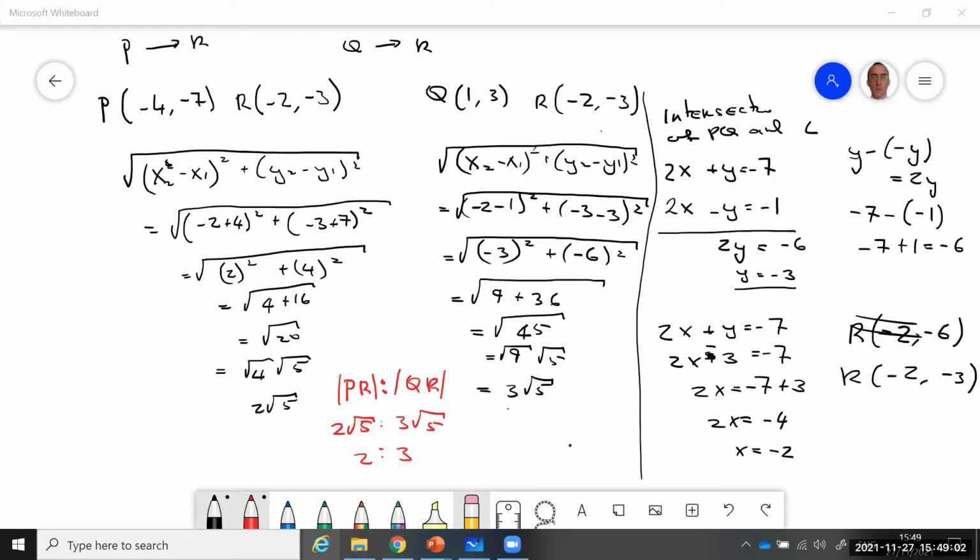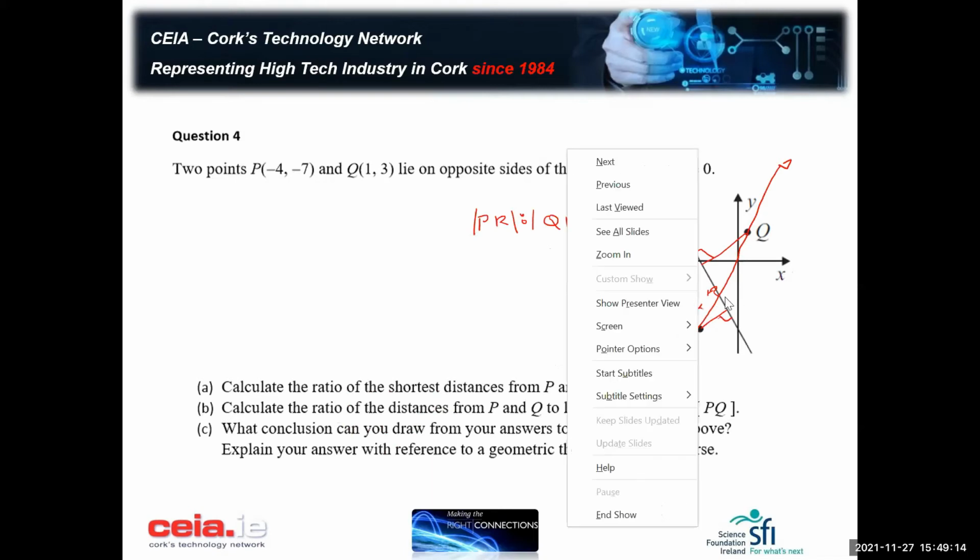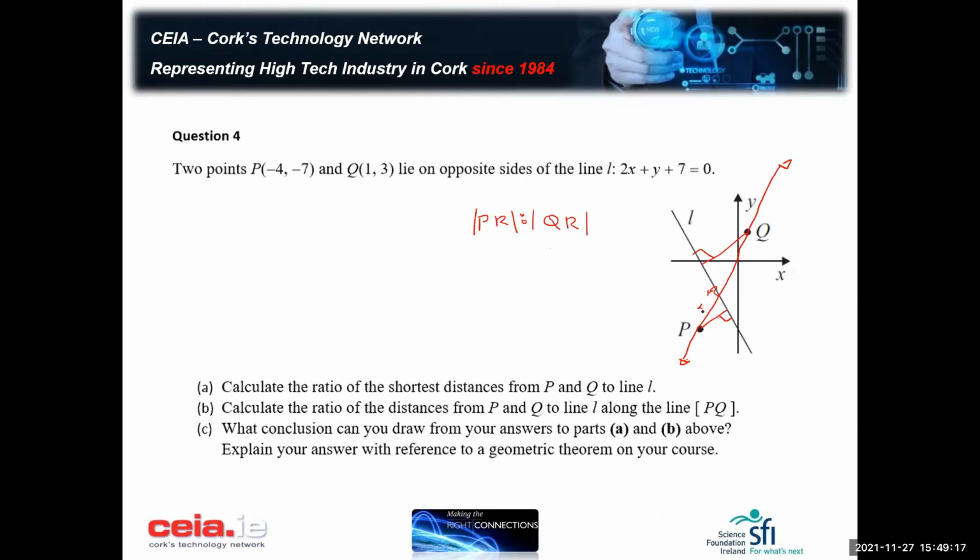So we've succeeded in finding the ratio of the distances from P to R and Q to R, which is 2 is to 3. And we've also shown that the ratio of the perpendicular distances from P to L and Q to L is 2 is to 3.